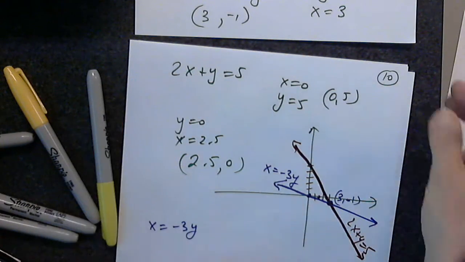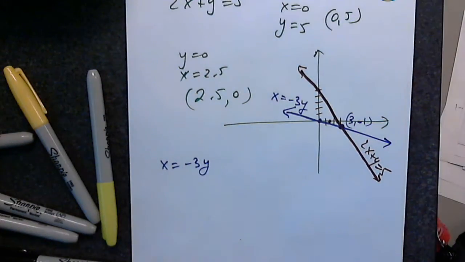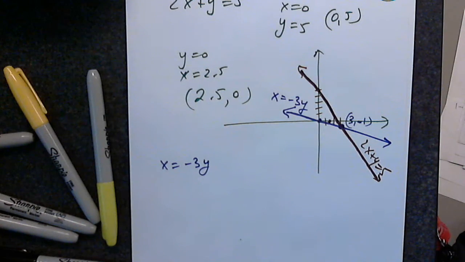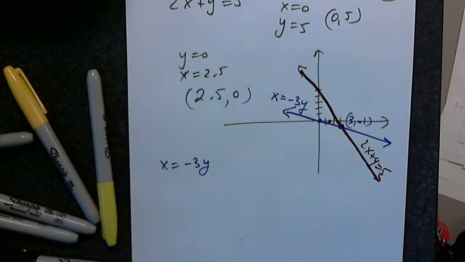My graph is awful. It's nowhere near a perfect graph. I could not have read (3, negative 1) from it. But I did my work prior to graphing, because it's more difficult. Now, if you have graph paper, maybe it's easier. But here what I have is a big marker, so my graphs can't be perfect.